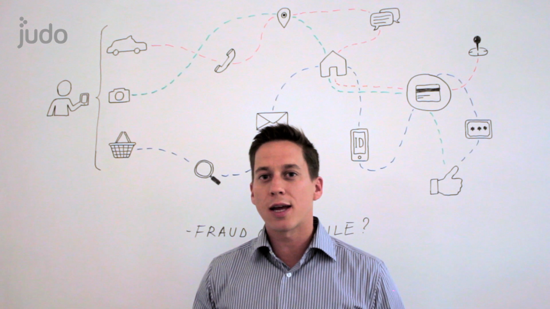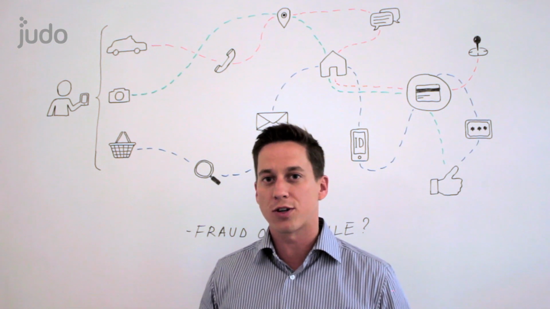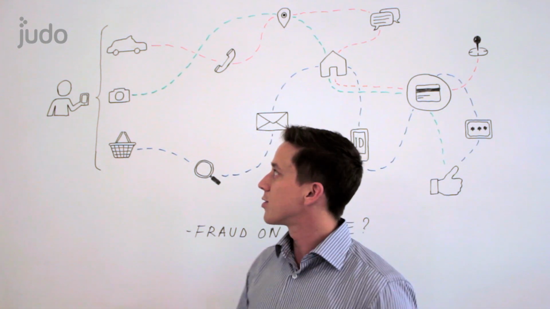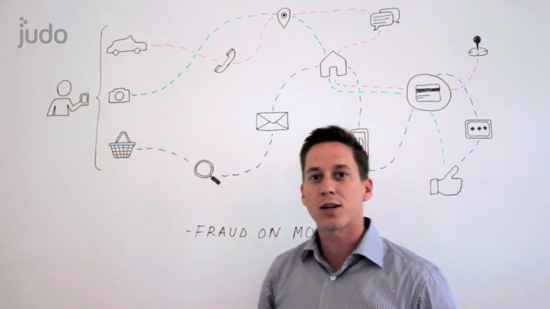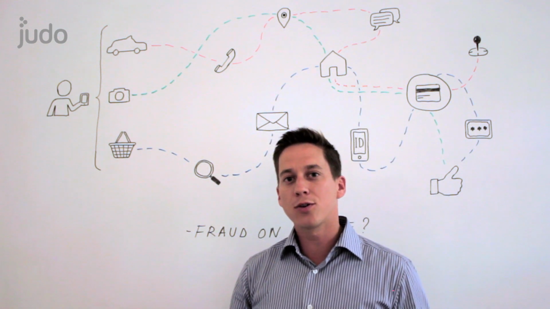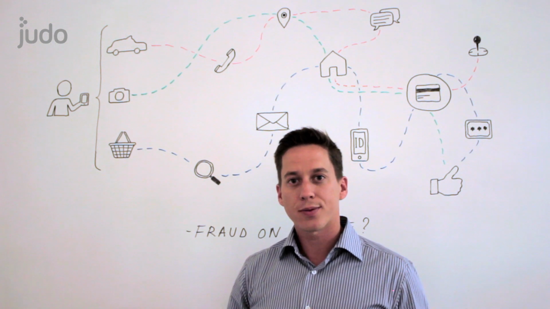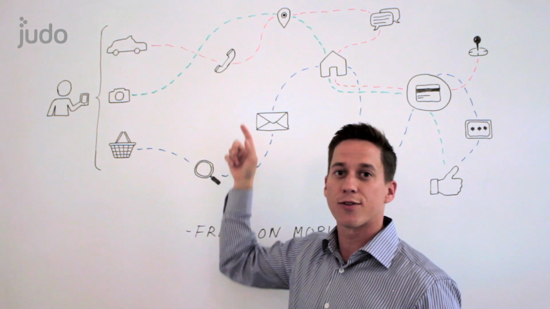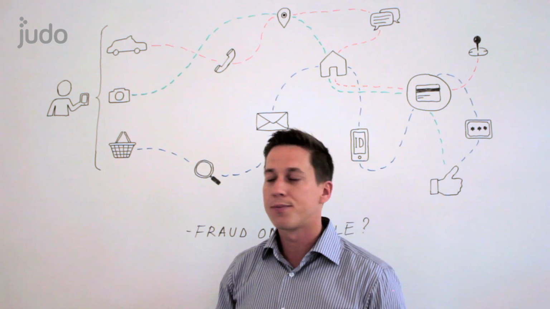Some of the most interesting and effective fraud prevention solutions that we've worked with our partners on are ones where you're thinking outside of the box. Here behind me, I've talked about three different journeys that are specific to apps and how you can use the data within that journey in order to help prevent fraud. In Judo systems, we're able to use all sorts of these different data points as we consult with you in order to prevent fraud.